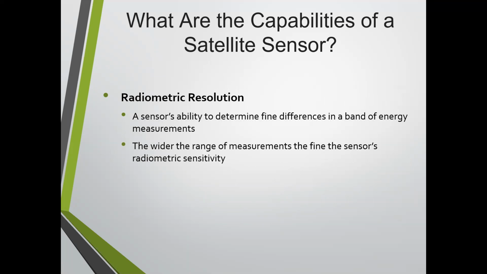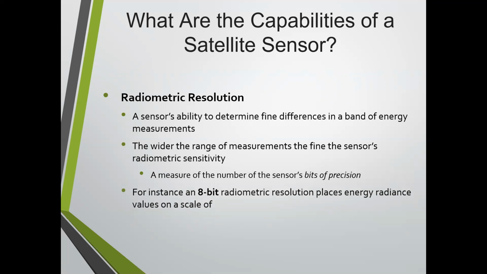So the wider the range of measurements, the finer that sensor's radiometric sensitivity is going to be. And a measure of that is usually in a sensor's bits of precision. So we're talking about bits of data, and that's usually measured in like 8-bit or 16-bit or something like that.